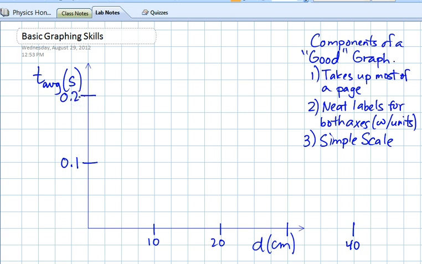In other words, each box is a definite decimal. So for distance, each box equals 2.5 centimeters, and for time, each box is 0.025 seconds. So that's what we mean by a simple scale. And this is going to be important when we come up with equations later.